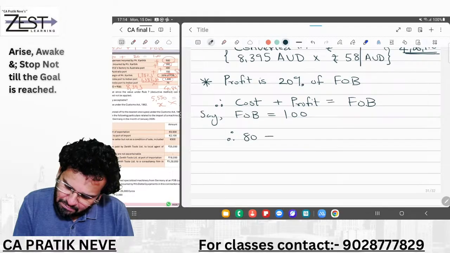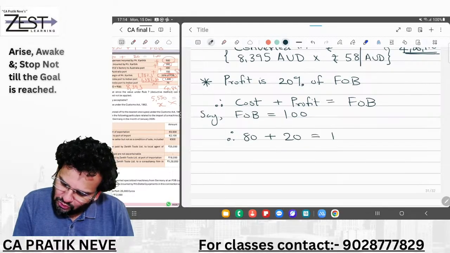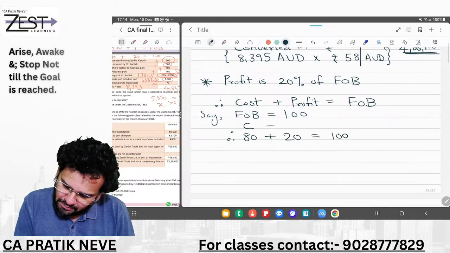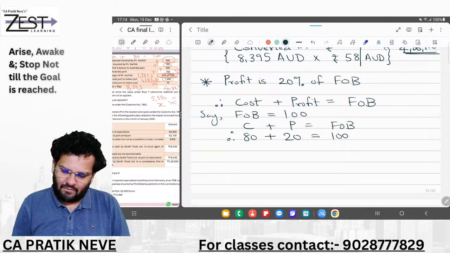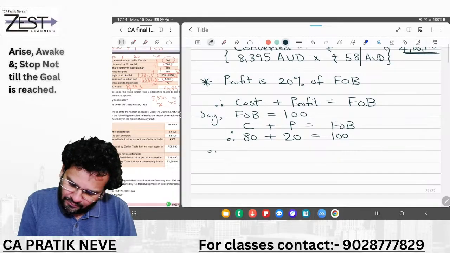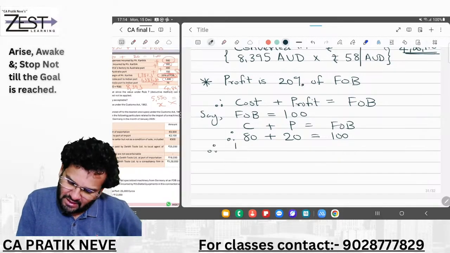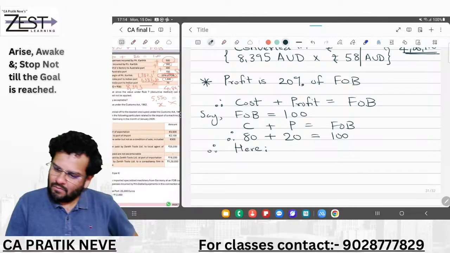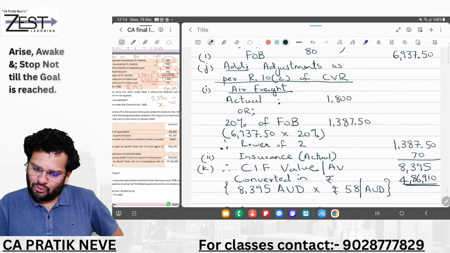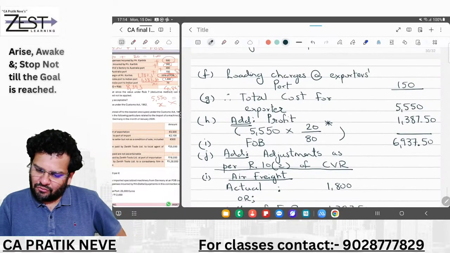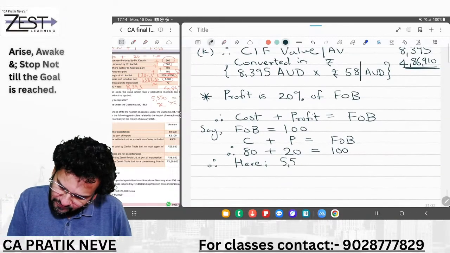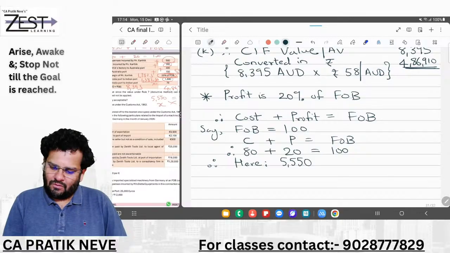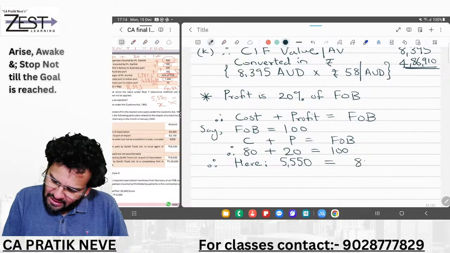Therefore 80 plus 20 is equal to 100. Now here cost you knew was 5550. 5550 is equal to 80.